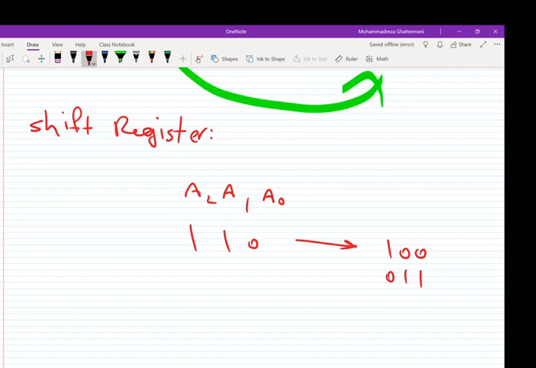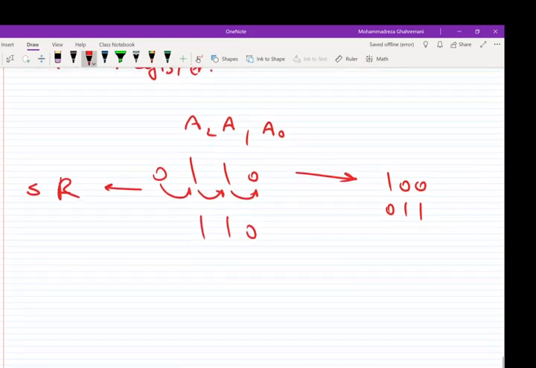Move this one to here, this one to here, and a 0 will be entered here. It is called shift right. Or we can enter a 0 from here, and move each bit one place over, and we call it shift left. So a shift register is able to shift its content to the left or right.